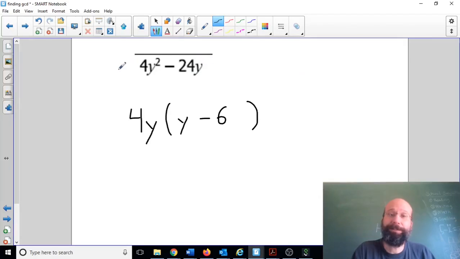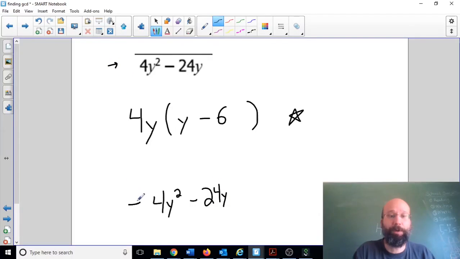And again, especially when you have these variables, this is our answer, it's good to distribute to make sure we get our original problem. 4y times y is 4y squared. 4y times negative 6 is negative 24y. And since we did get our original problem, we know we did it right, and we can move on.